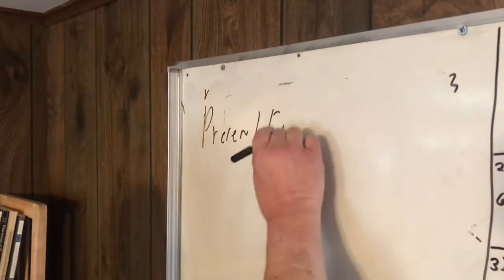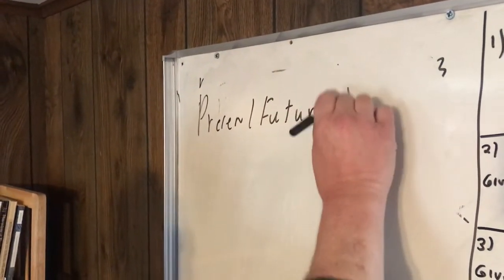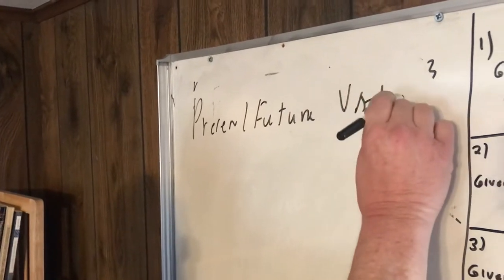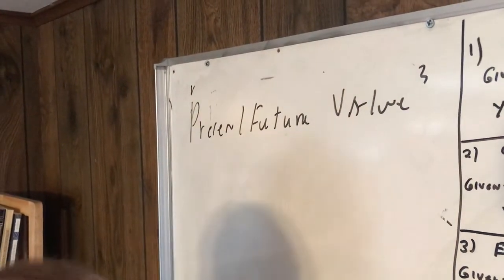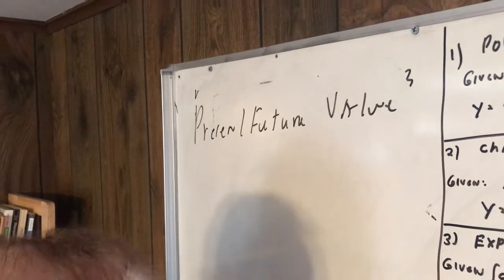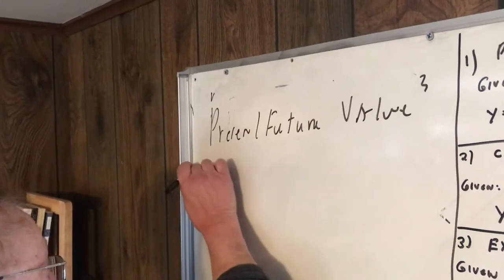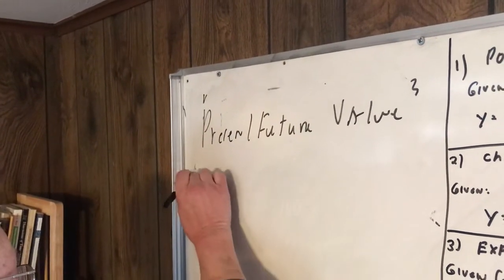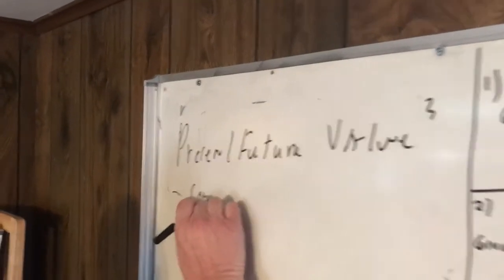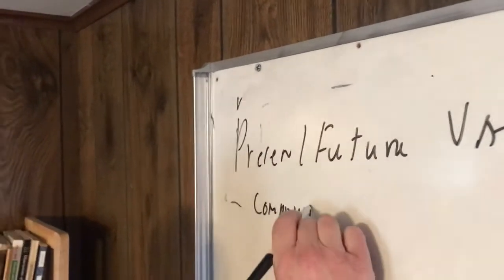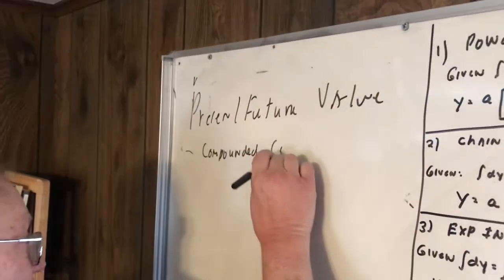and future value. Remember these, we can talk about annuities, we can talk about anything we want, but we're going to define ourselves to things that are compounded continuously.